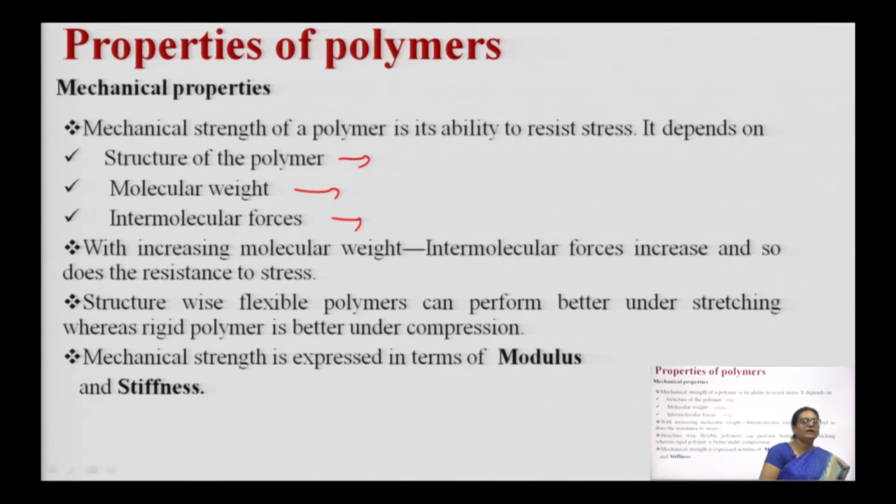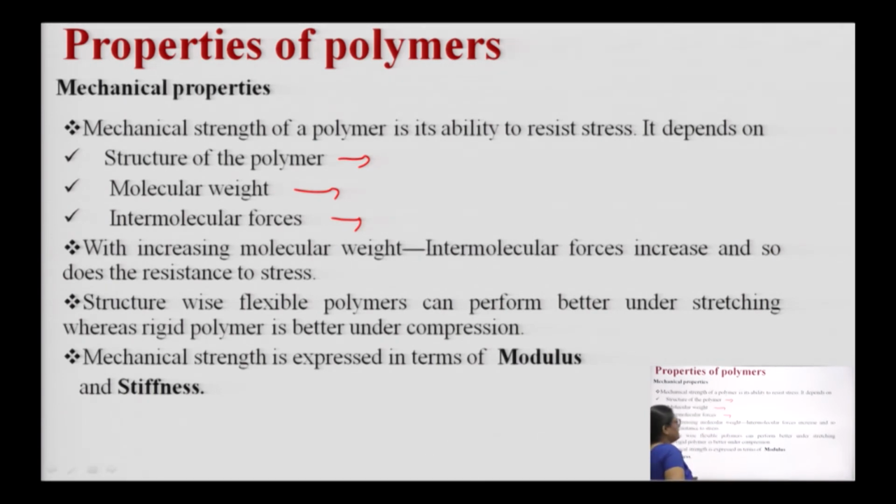Structure of the polymer in terms of its linearity or cross linkages: highly cross linked polymers are stronger as compared to linear chain polymers. Similarly, high molecular weight polymers will have more mechanical strength and will resist deformation. Intermolecular forces increase with increase in molecular weight, so as the intermolecular forces increase, so does the resistance to stress.